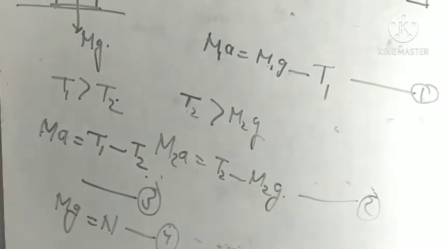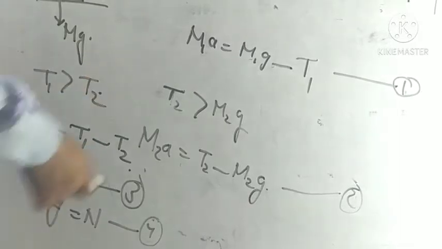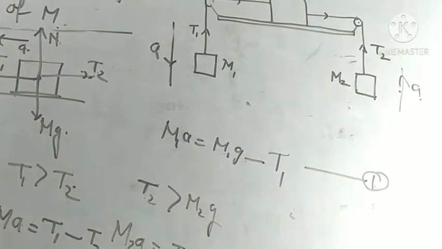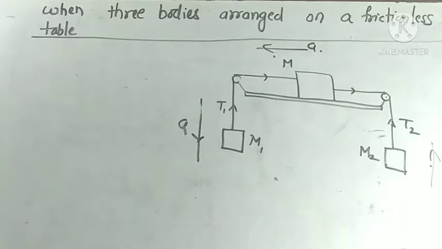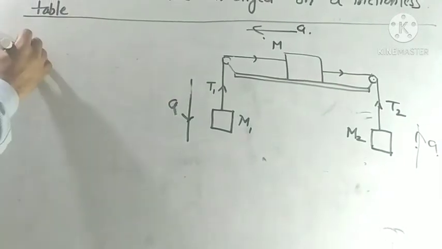So now we have 4 equations, and after solving these 4 equations we will get tensions T1, T2 and the acceleration. Firstly we write all the equations here.